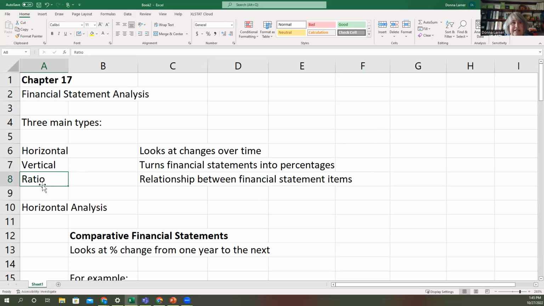And then ratio analysis is taking key items off the financial statements and looking at their relationship to each other. For example, total current assets and total current liabilities and how they're comparing. Current assets divided by current liabilities is something called the current ratio. We like to see a lot of assets and not too many liabilities.